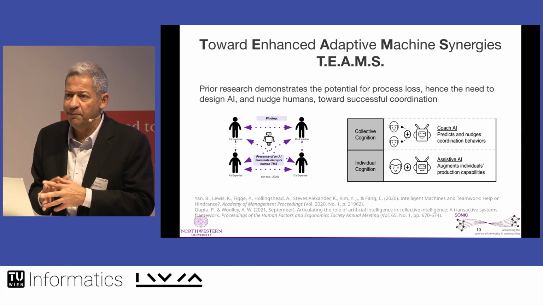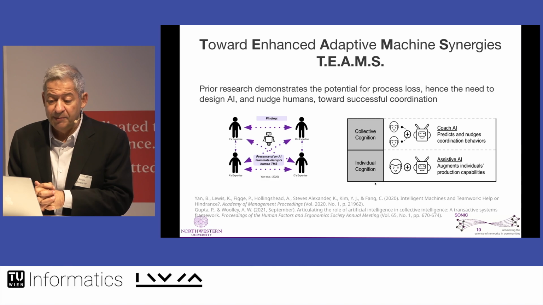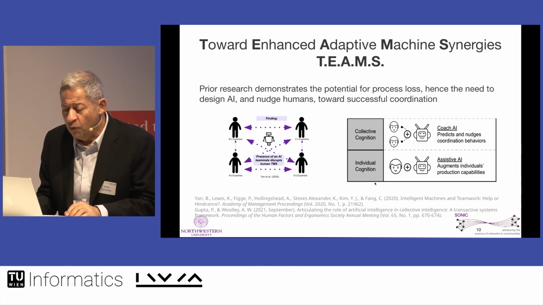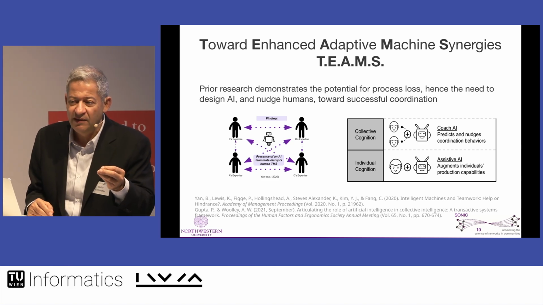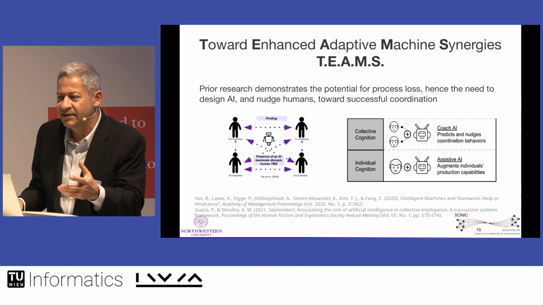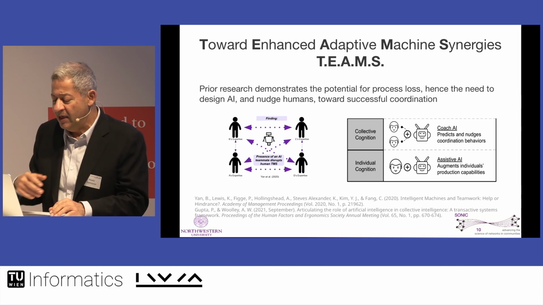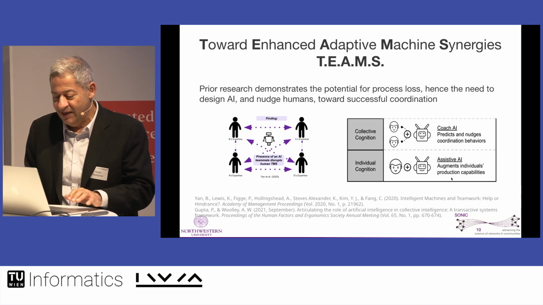And so this is an example of a project that we are working on, funded by Microsoft and by the Army Research Lab, where we think about what role the AI is playing. Is the AI somebody who is going to provide group facilitation, management? Is the AI going to be someone that provides content issues, et cetera? And we're still at early stages. So one is called a coach AI, the other is called an assistive AI.